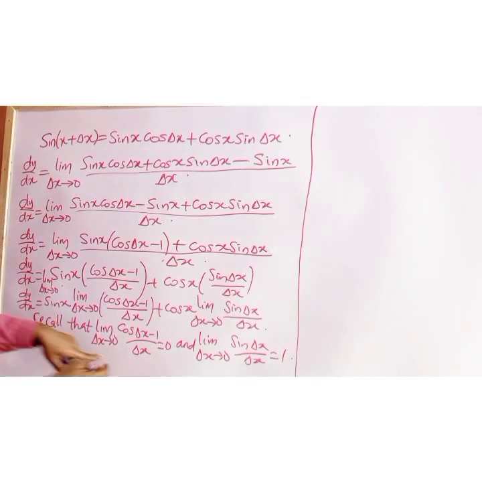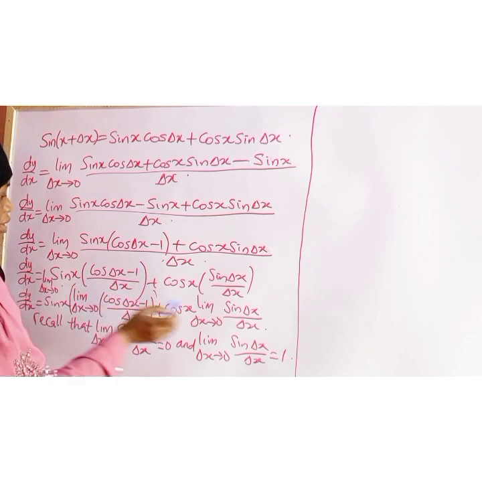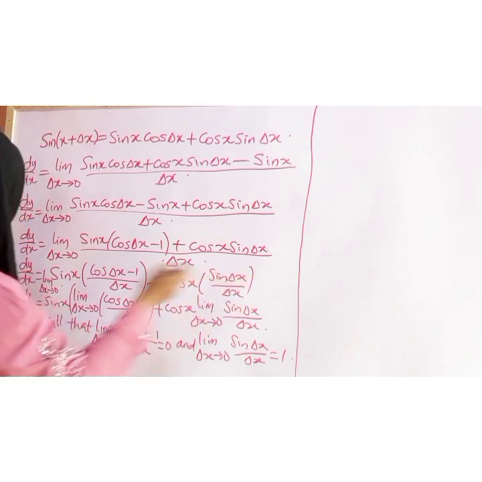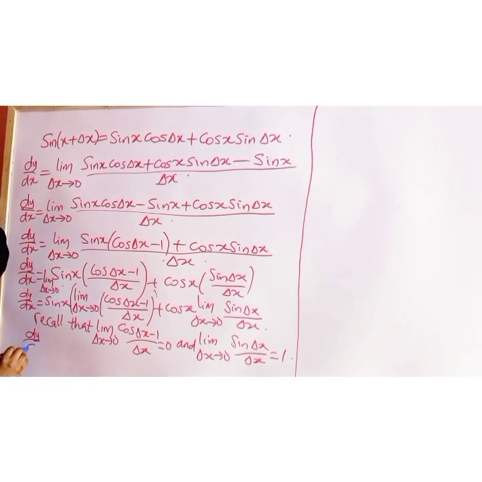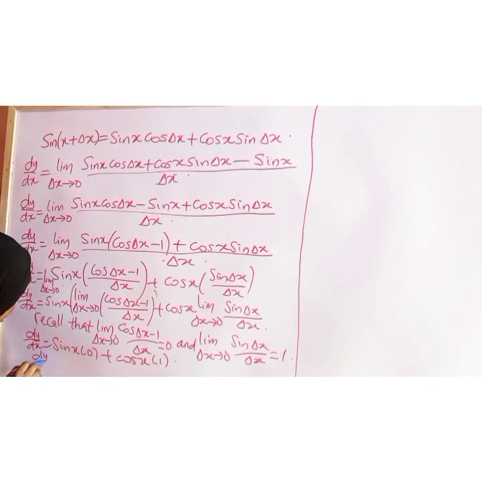So we're going to substitute: the limit of cos change in x minus 1 over change in x will be equal to 0, and the limit of sine change in x over change in x will be equal to 1. So dy/dx will now be equal to sine x multiplied by 0 plus cos x multiplied by 1. Since any number multiplied by 0 is equal to 0, then we have cos x.